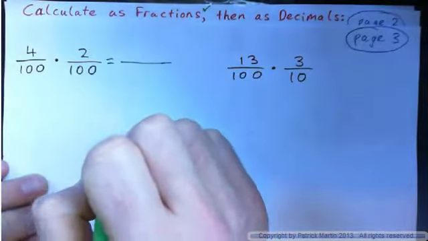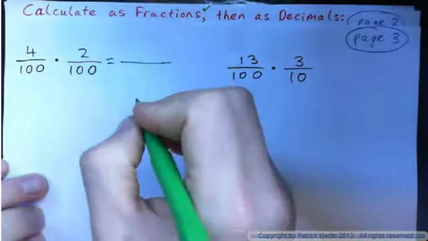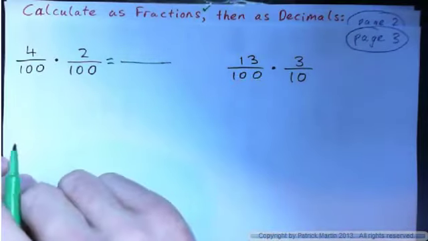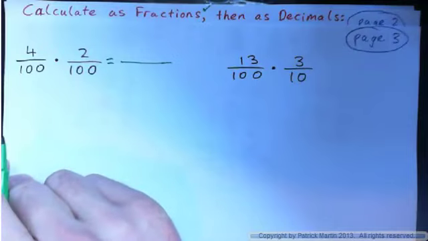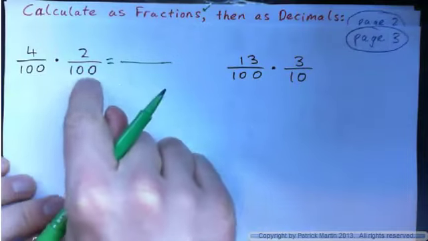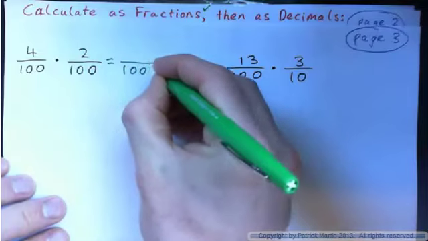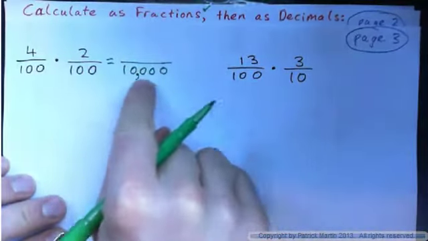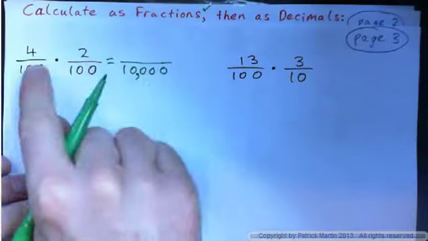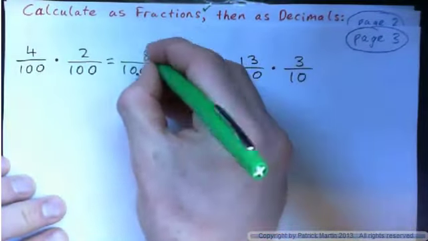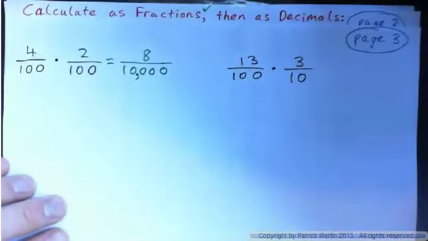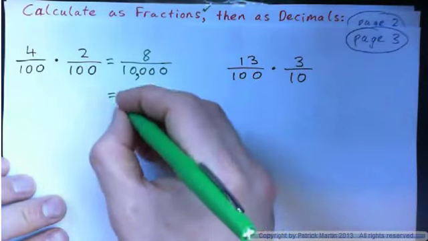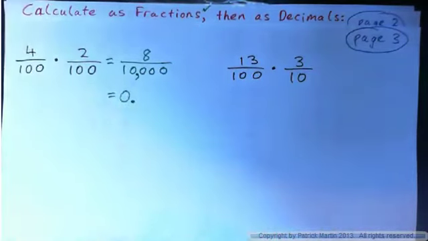Because on the bottom, what is 100 times 100? Well, how many zeros? 1, 2, 3, 4 zeros. 10,000, right? So I want it as 10 thousandths, and on the top 4 times 2 is 8. So I'm not going to cross cancel at all. I just want to write it like that because I then want to change it into a decimal. 8 10 thousandths is 0. What?